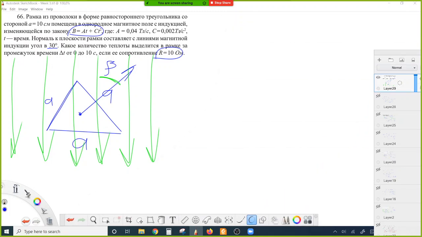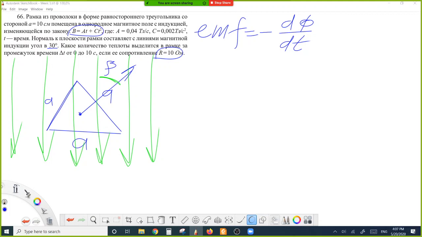Okay, again, first of all, we need to find electric motive force. So electric motive force is always equal to, and not always, in our case, is equal to dphi over dt.